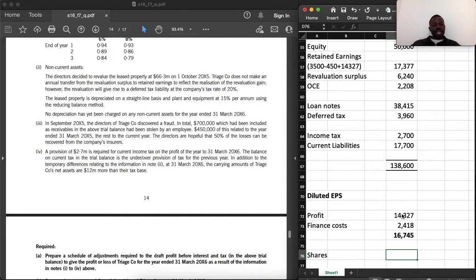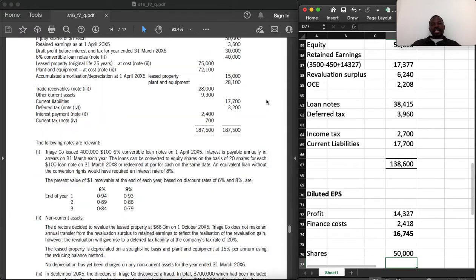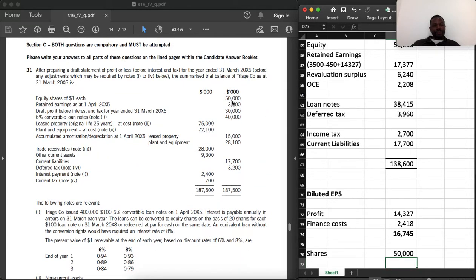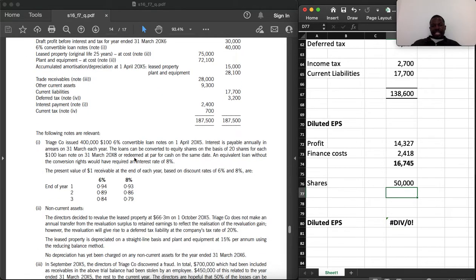The shares that we have, we'll take them here, which is 50. These are the shares that we have, 50 at the beginning. Now we need to assume that these loan holders also have converted to shares. So the conversion now, they have got 40,000 worth of loan notes, and the conversion basis is 20 per 100, like that.